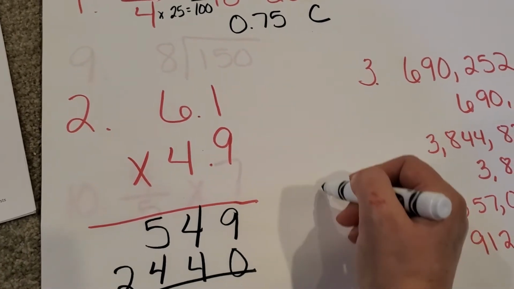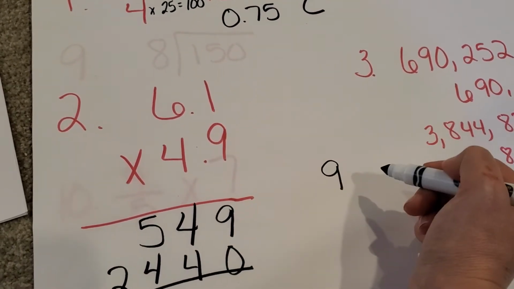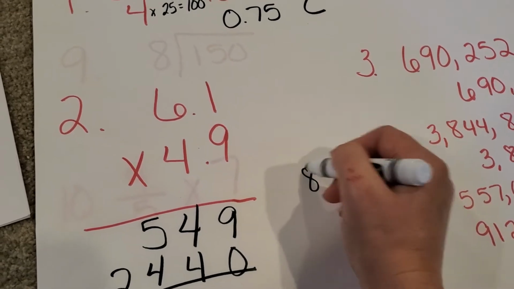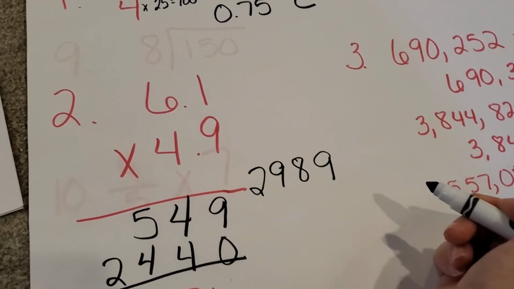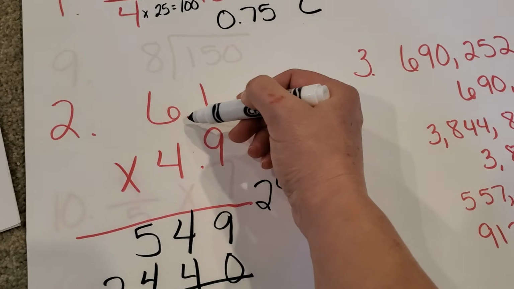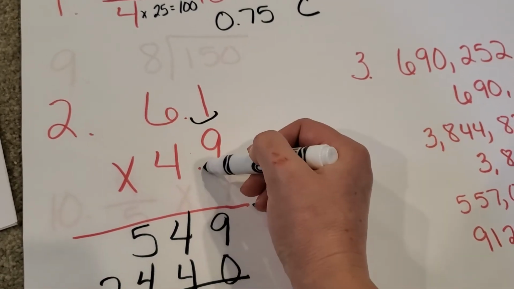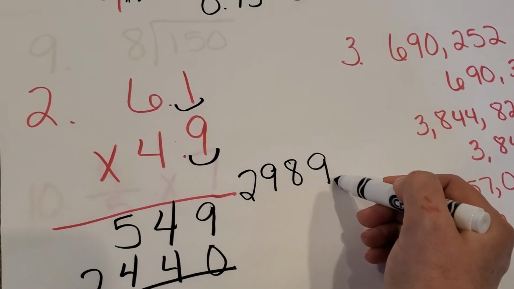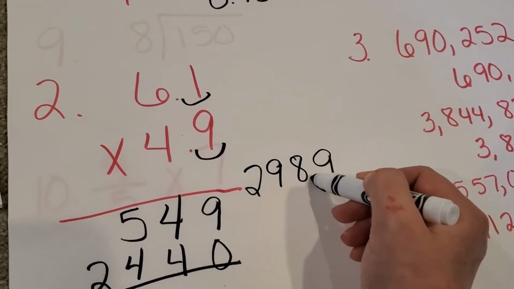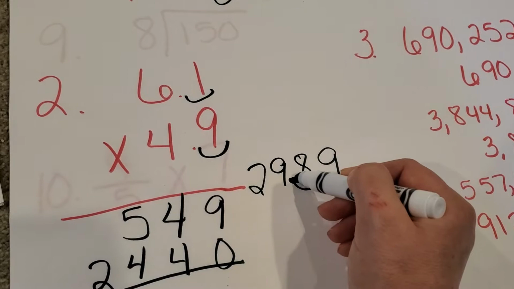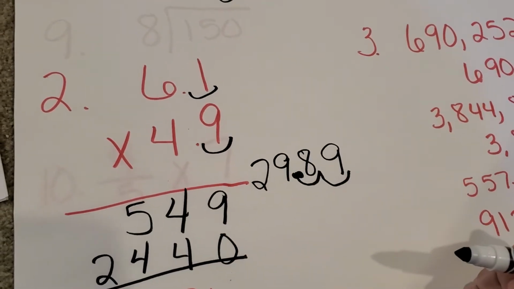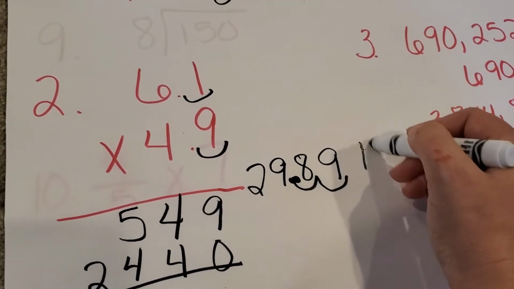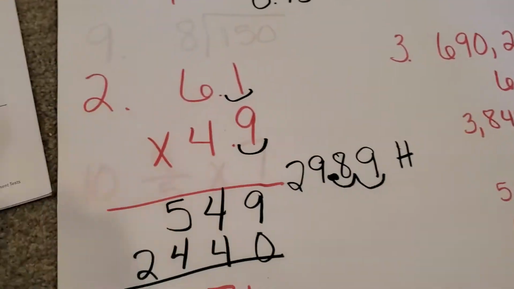Add up that answer, and I'm going to do it over to the side because I did not leave myself enough room. 8, 9, 2. And then you have to count up your decimal places. So we have 1 here and 1 here. So 1, 2. Start with your decimal over here as understood. 1, 2. So your answer would be 29.89, which is H.